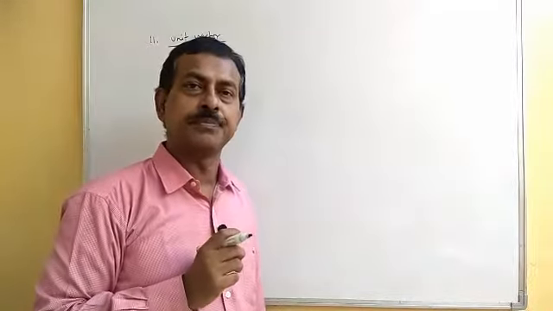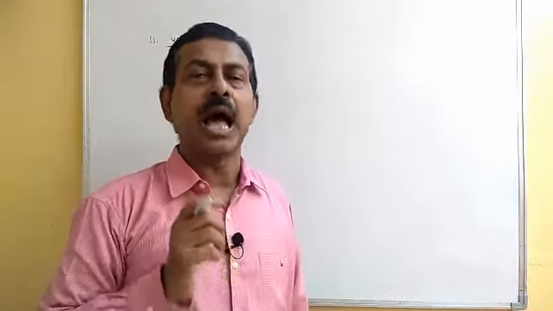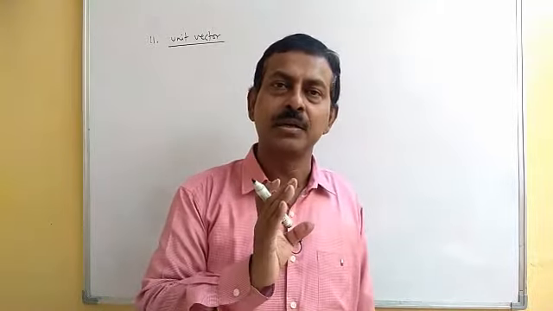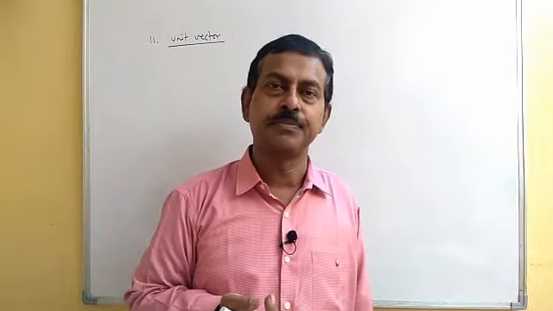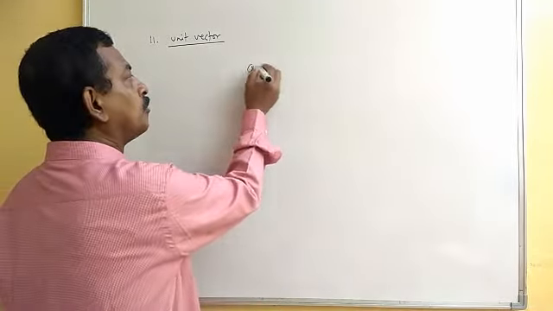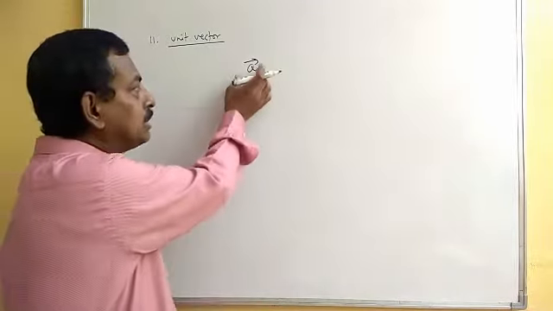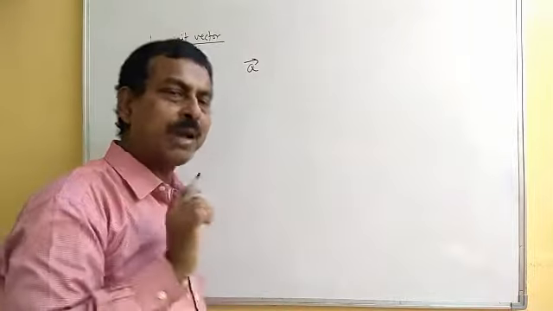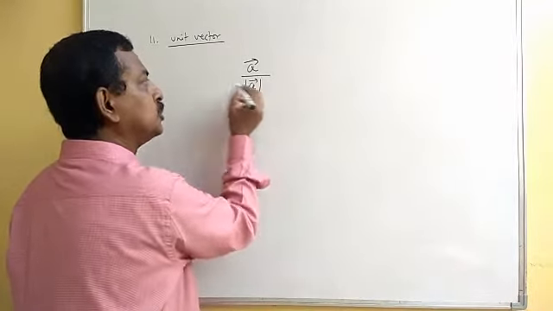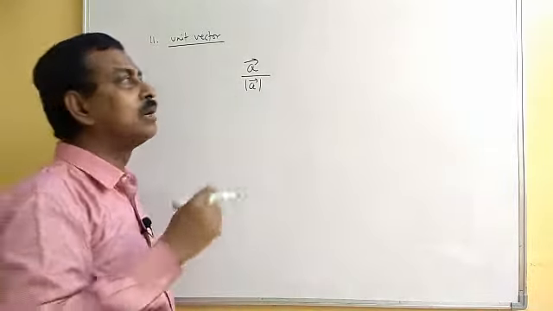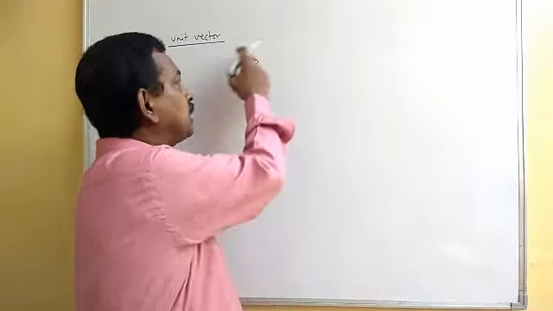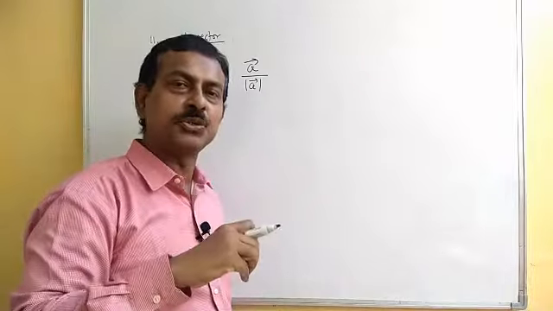Let's now take the unit vector. A unit vector is a vector having magnitude unity. A vector whose magnitude is 1 is called a unit vector. How do we get that vector? Suppose you have a vector A. If you divide this vector by its own magnitude, we get a vector whose magnitude will be 1, because the vector itself has been divided by its own magnitude.